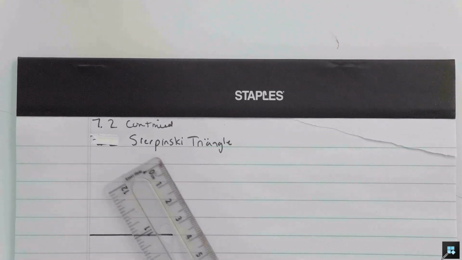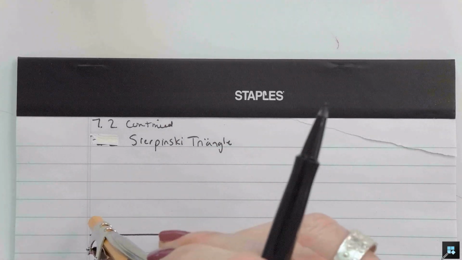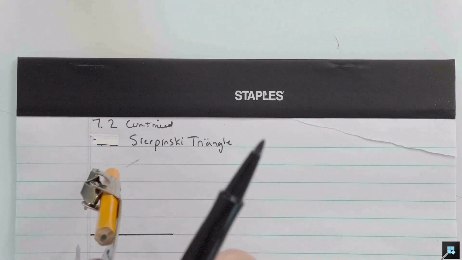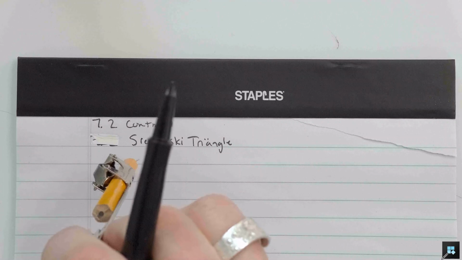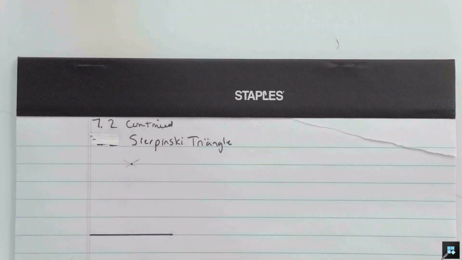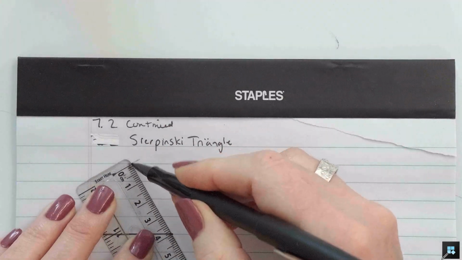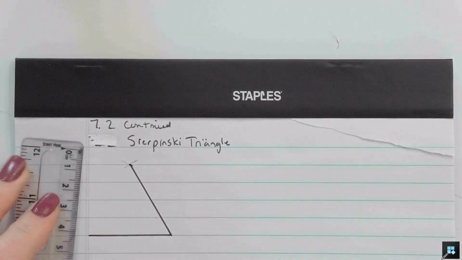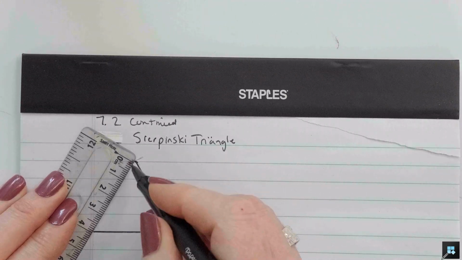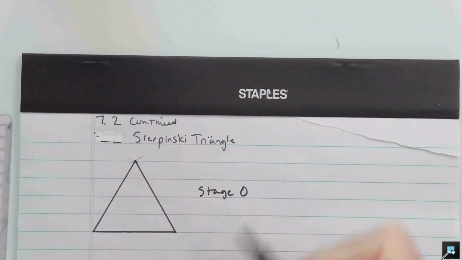If you don't have a compass, then you're trying to find the point where 4 centimeters meets up from both sides. So that's stage 0 or stage 1, depending on how you refer to your stages.